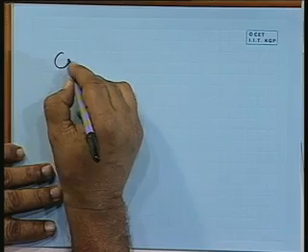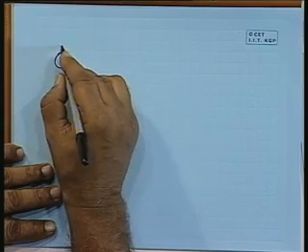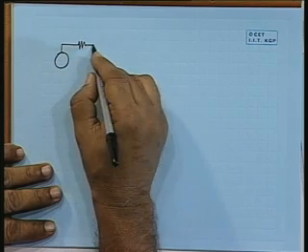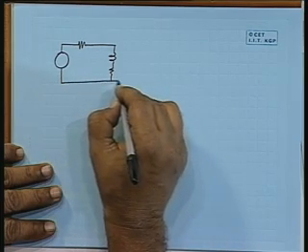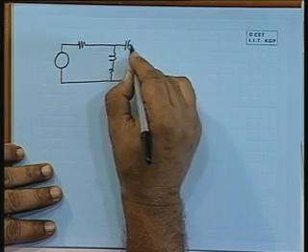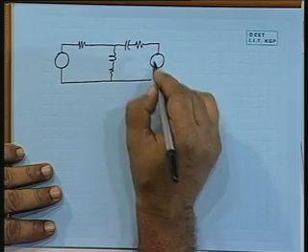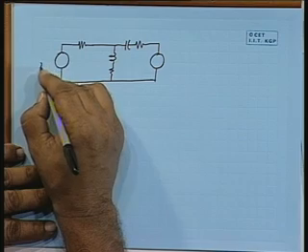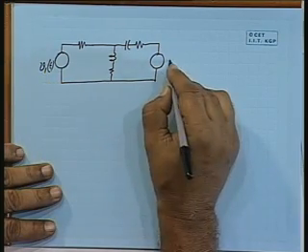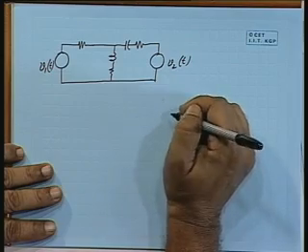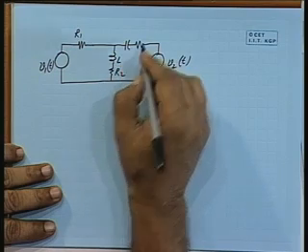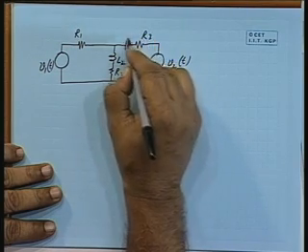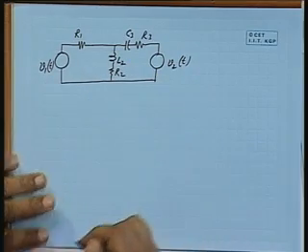Let us take 1 or 2 more examples. You have a source here, a resistance here, okay.